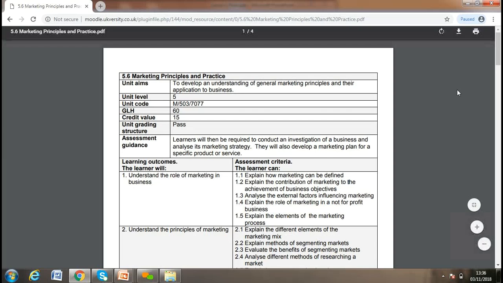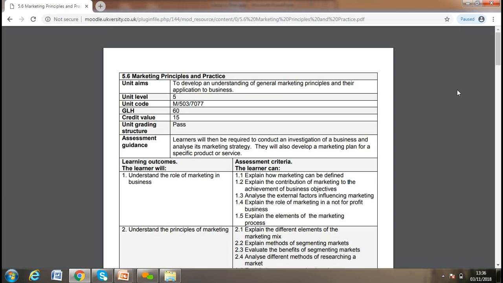So first, we are going to discuss today our learning outcome one, which is understanding the role of marketing in business. What is the key role of marketing in a business, and why has this role changed with the passage of time? Under learning outcome one, we have 5 assessment criteria: 1.1, 1.2, 1.3, 1.4, and 1.5.